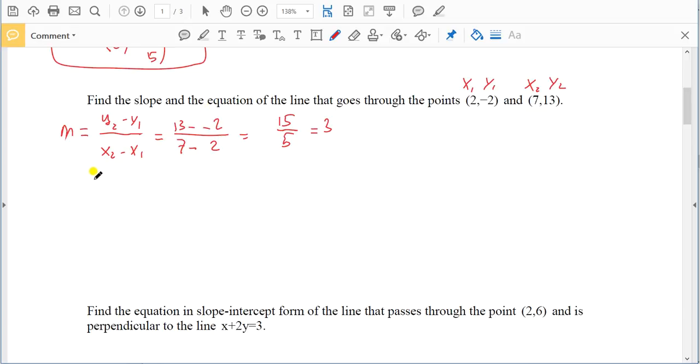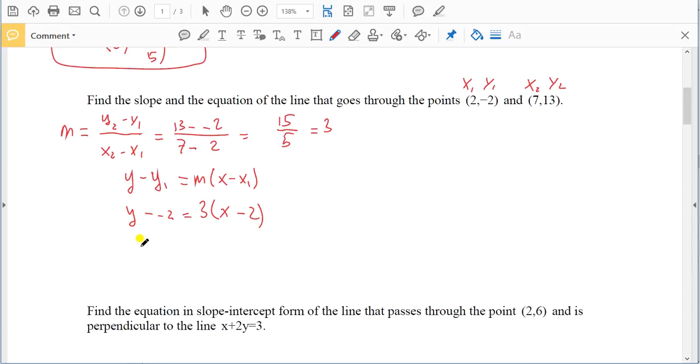Now the equation of the line through the 2 points can be found by using the point-slope formula, y minus y1 equals m times x minus x1. Now you have y1 to be minus 2, m is 3, and x1 is 2.